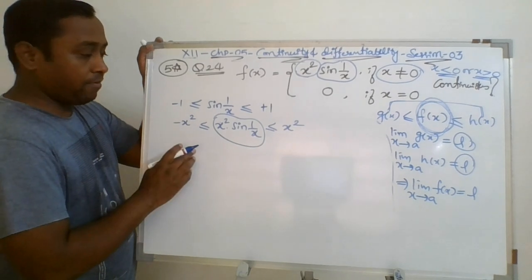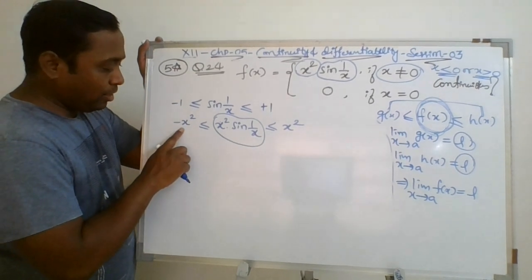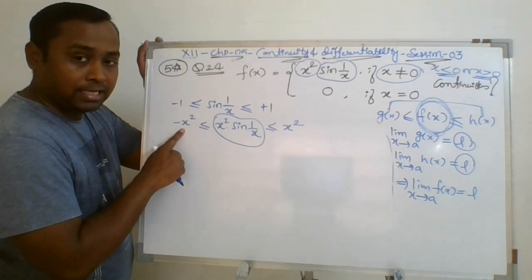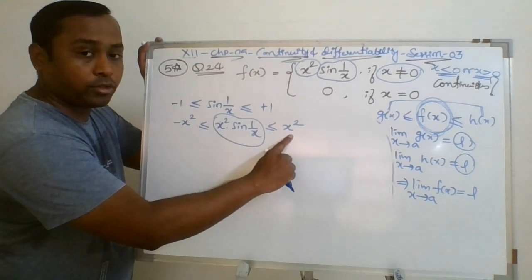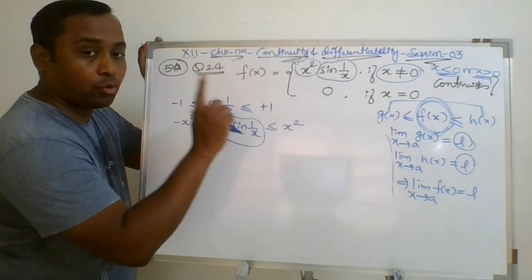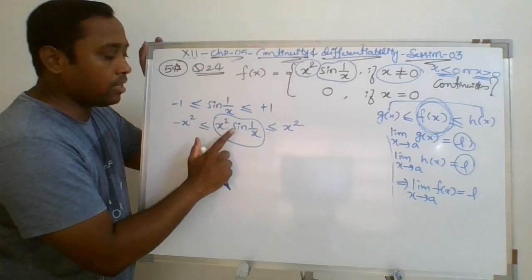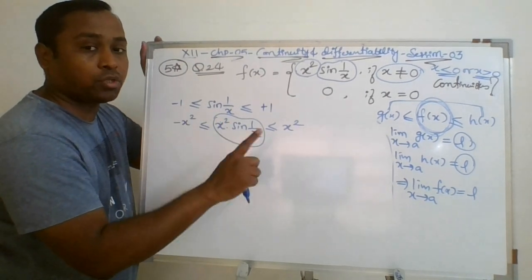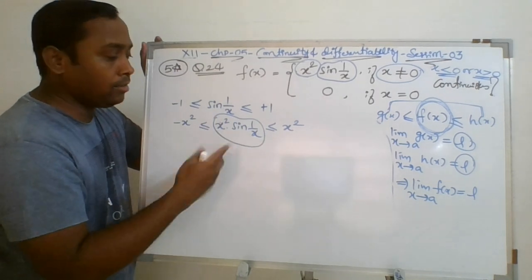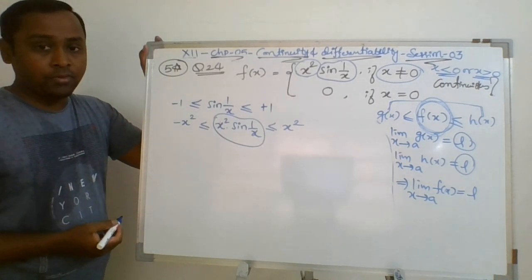If the limits of both these functions approach the same constant, then I can say this f of x also approaches the same constant. That is what the Sandwich theorem says.